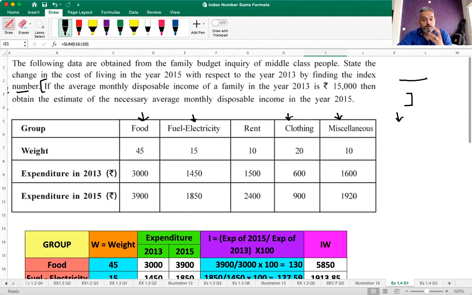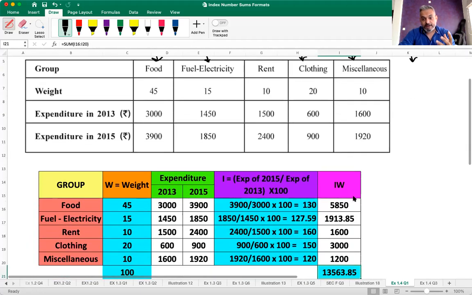So how much should that person have disposable income to sustain the same standard of living which was there in the year 2013? So let's check it out.